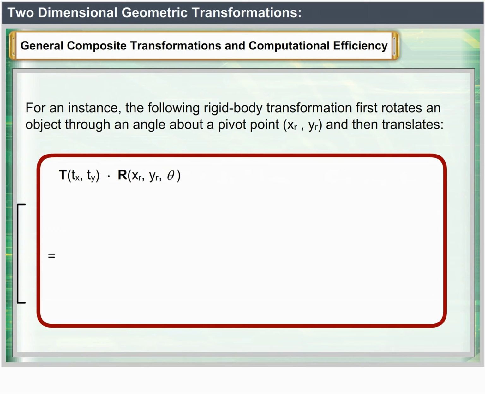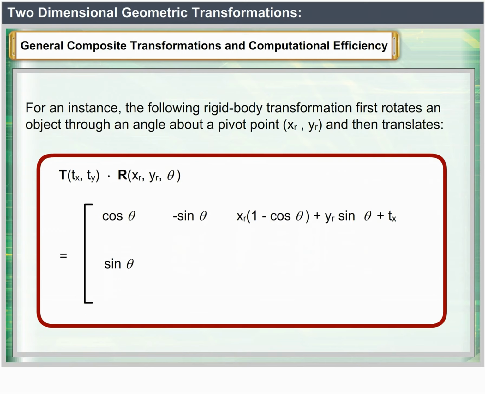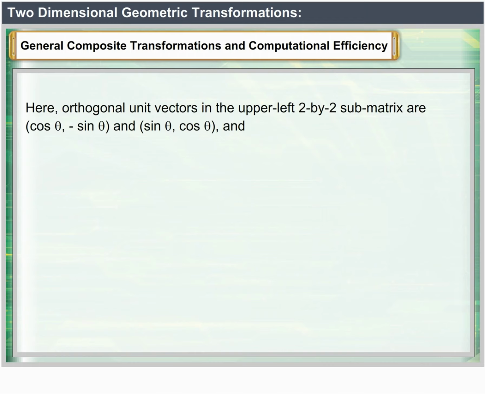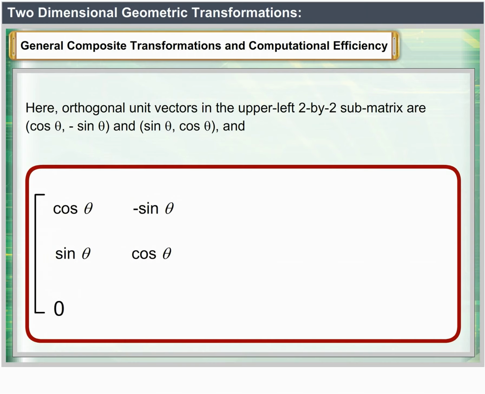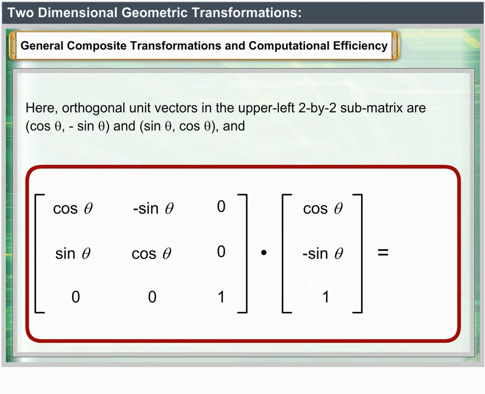Here the orthogonal unit vectors in the upper left 2 by 2 submatrix are cos theta, minus sin theta and sin theta, cos theta, as shown below.